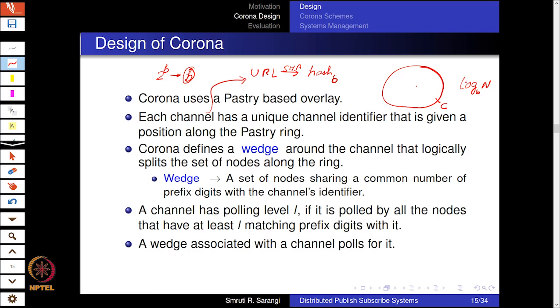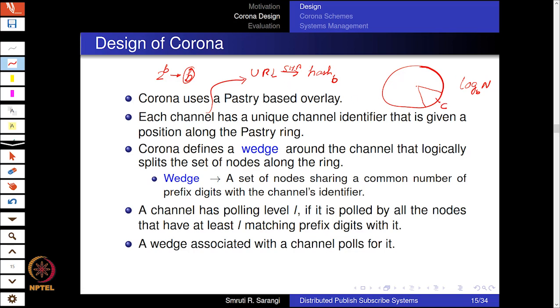If it doesn't happen, of course, we'll see what is done, but this is expected to be the common case. So what Corona actually does is that it defines a wedge around the channel, something like a pizza slice, which means it logically splits the nodes. For the circular ring, similar to Pastry, it maps both the nodes as well as the channels.